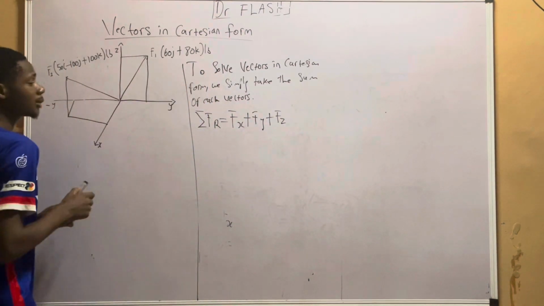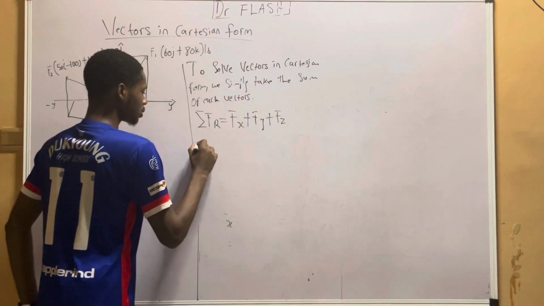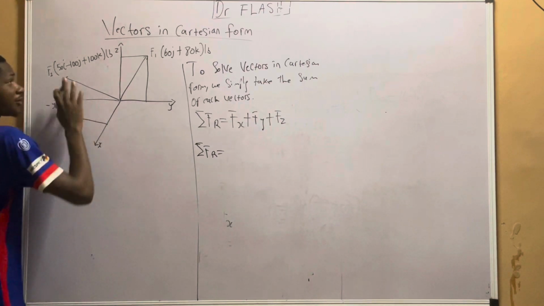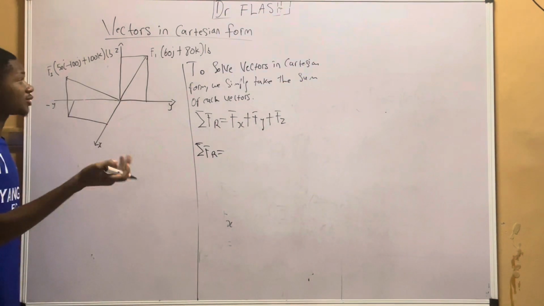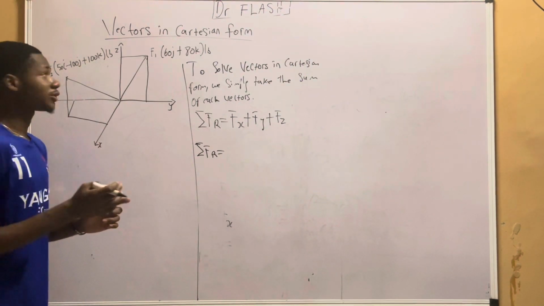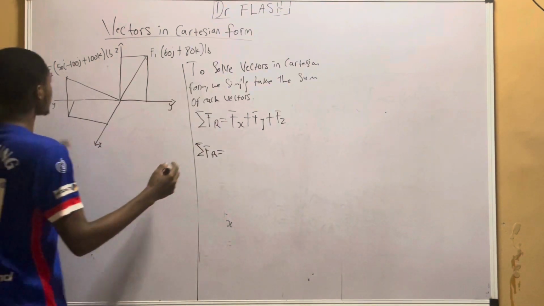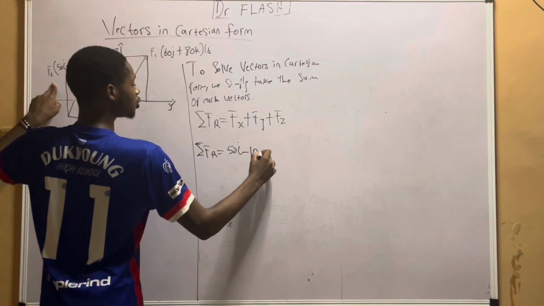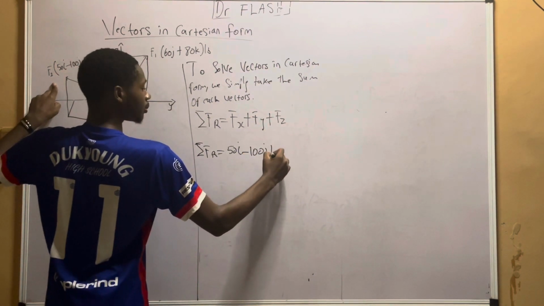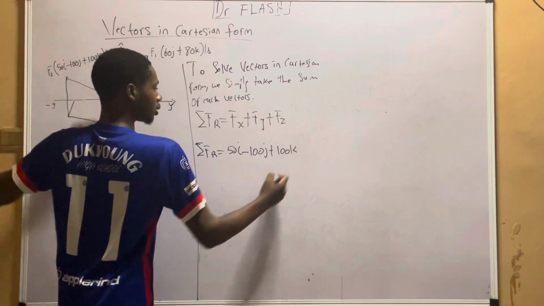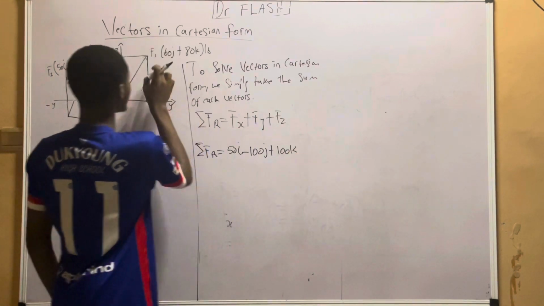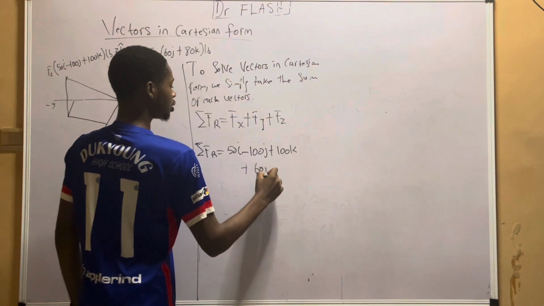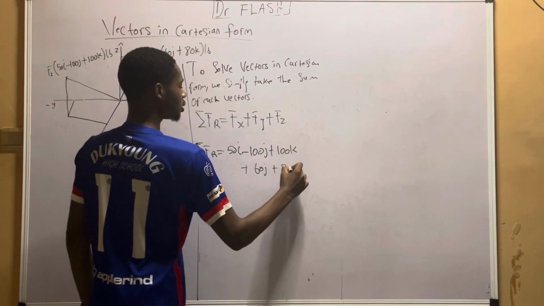Now, to solve a problem like this, we say the sum of F_R is equal to the sum of every x component, every y component, and every z component. So when I add all of these, we're going to have 50i minus 100j plus 100k, and we're going to add 60j plus 80k.